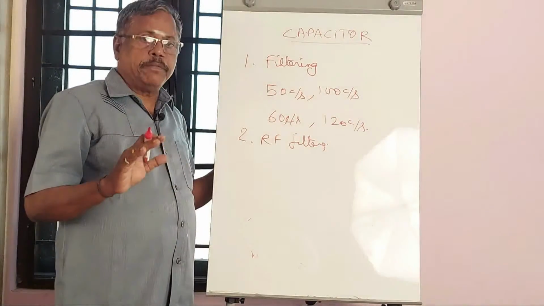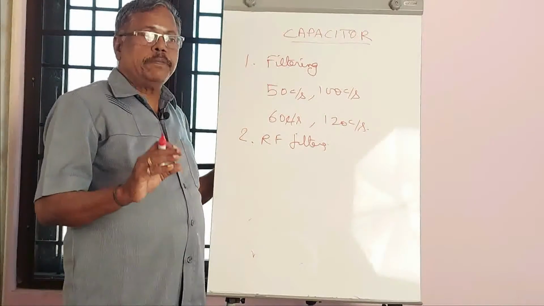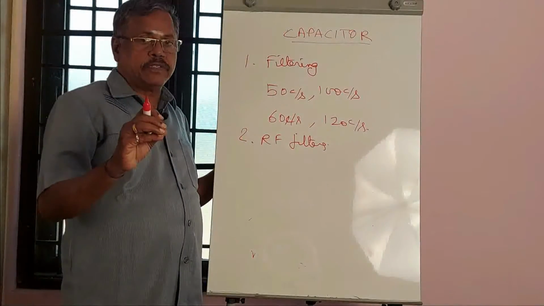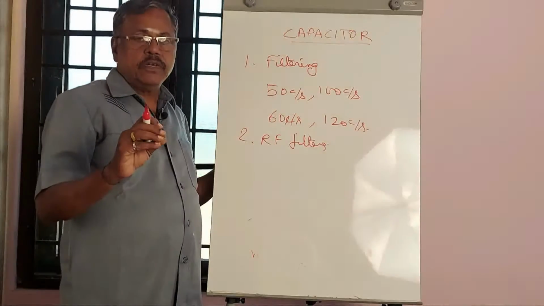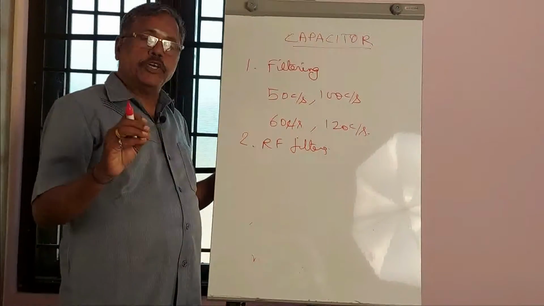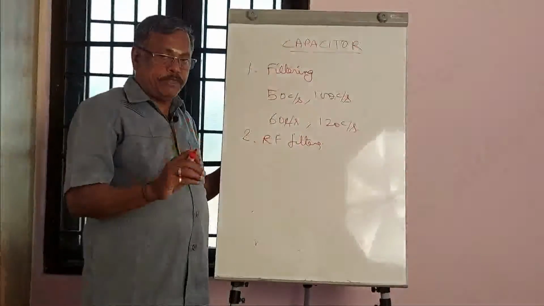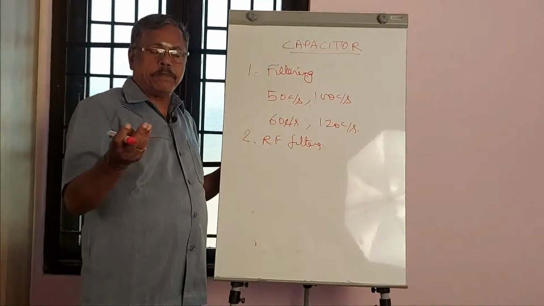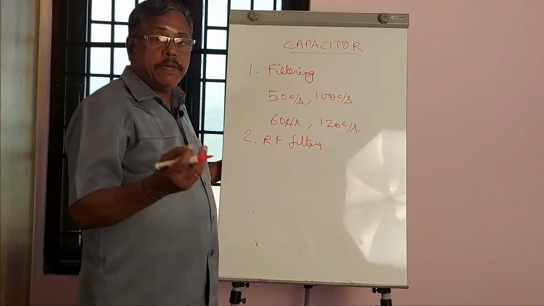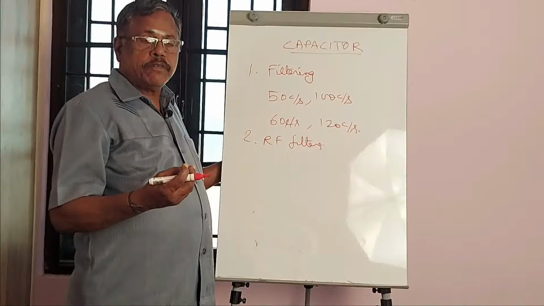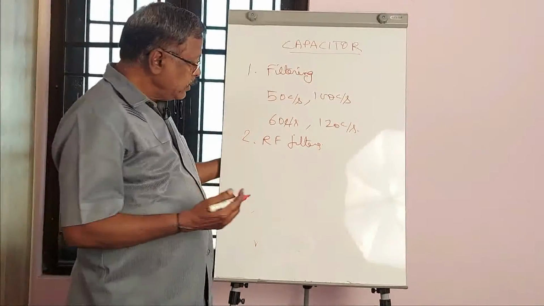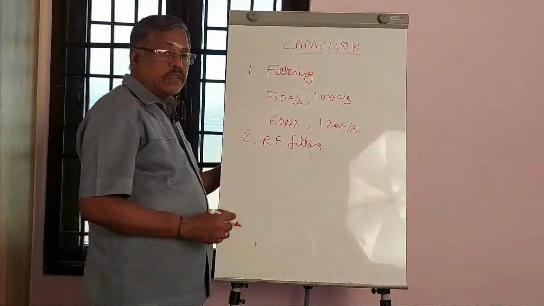That frequency component may sometimes affect the performance of electronic or electrical equipment. Therefore, the high frequency component in a circuit also should be filtered. For that, a low capacitance value of ceramic type will be used for filtering out the high frequency component. Those capacitors are called RF filters.